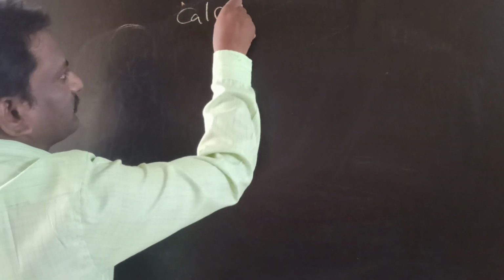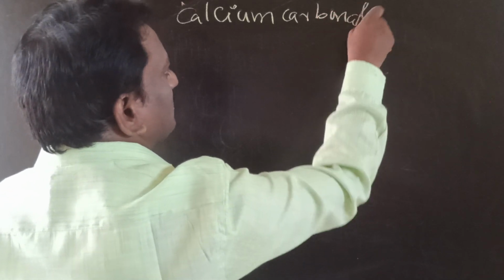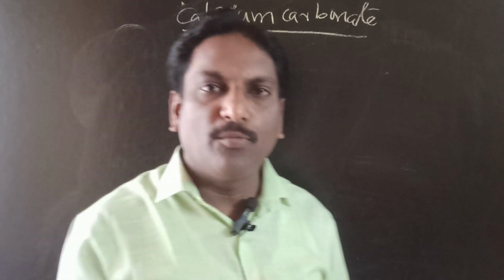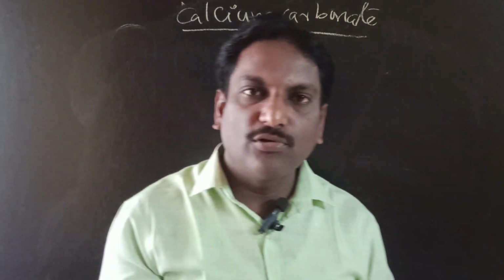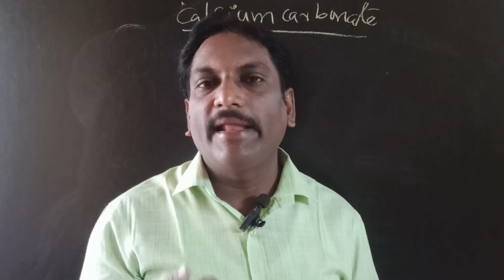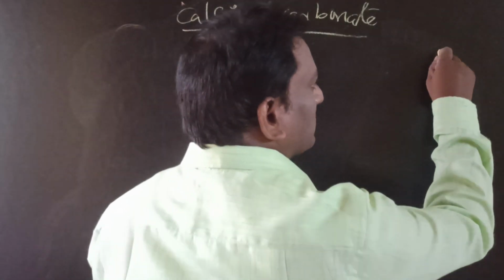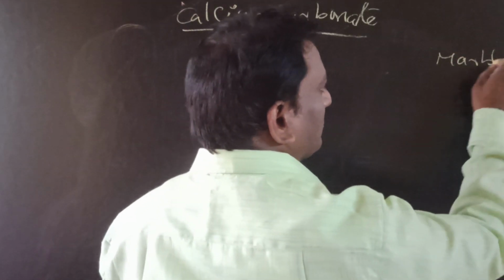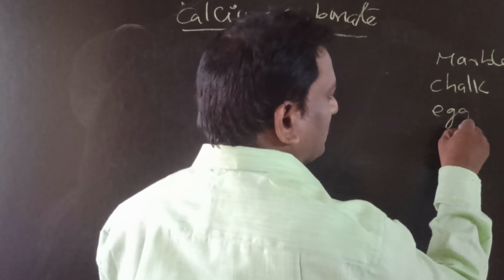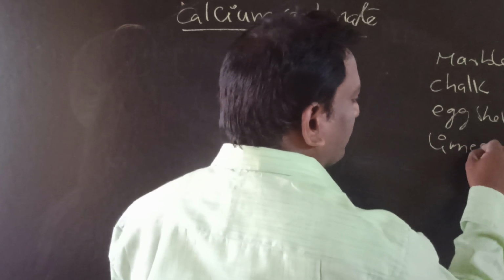Calcium carbonate. Please make a note of it. Calcium carbonate is also called chalk, marble, limestone, and eggshell also consists of calcium carbonate. Please remember that. So marble, chalk, eggshell, limestone.